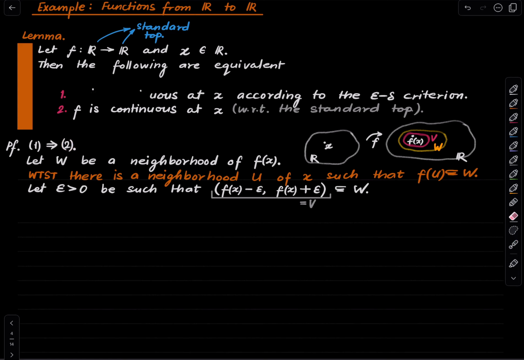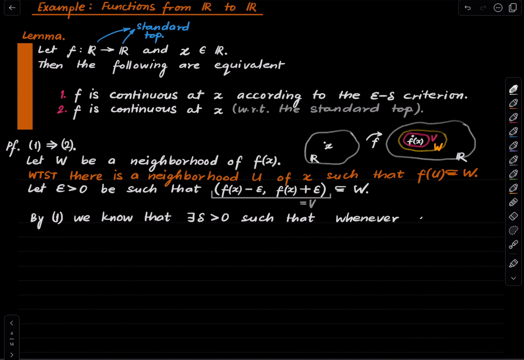But by the epsilon delta criterion, which we have assumed, since we want to prove 2, we know that there is a delta such that whenever we choose a point, it would have been better to call it x naught rather than x, such that whenever |a minus x| is less than delta, we have |f(a) minus f(x)| less than epsilon.